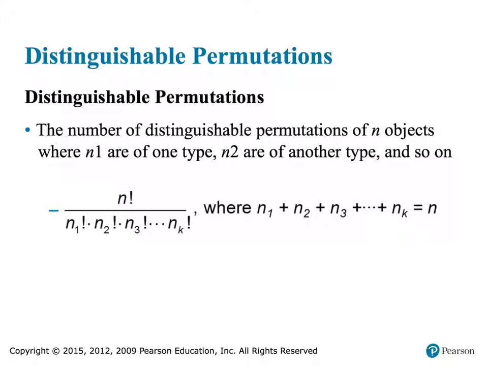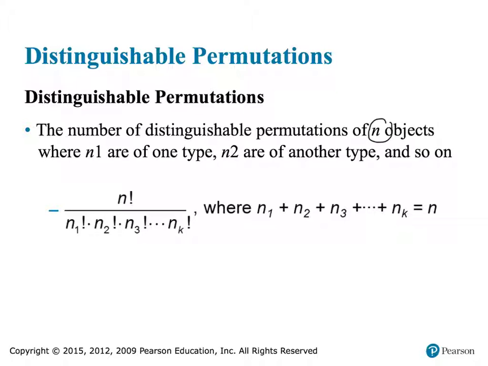Now, sometimes we have things that are called distinguishable permutations. And this is where you're putting things together in an order that matters, but you have different types of objects that are being arranged. When you have a situation like this, and not to worry, I'll do an example, you've got to consider first how many total objects do you have?